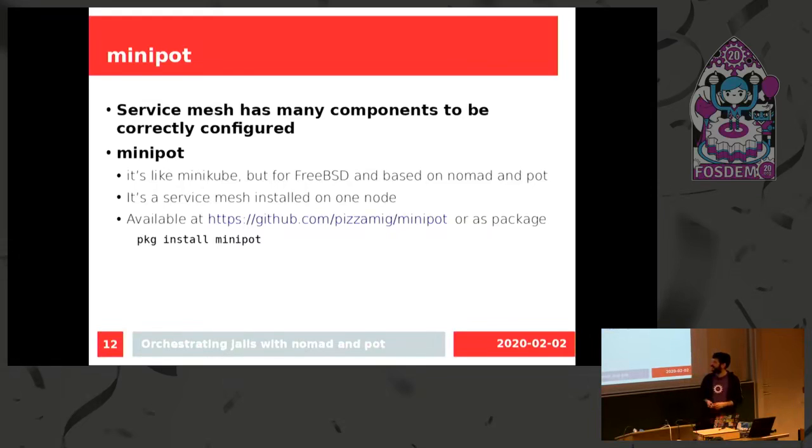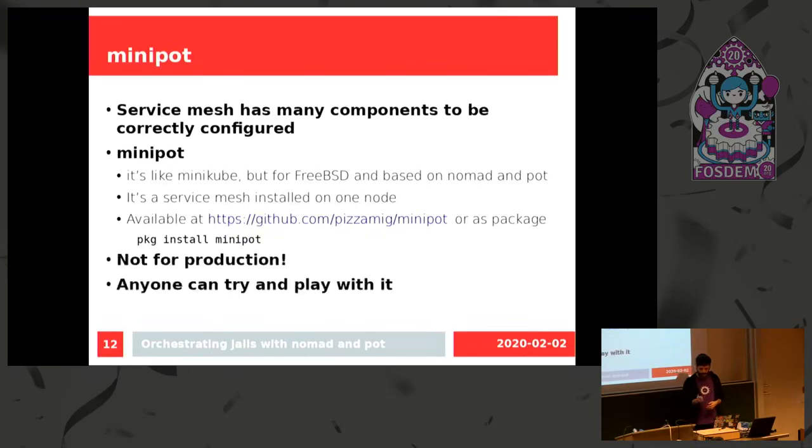So there it is. Minipod is basically a service mesh. What I described before, all these Consul, Nomad, Traefik components, everything, running on a single node. You can install Minipod as a package. There is one script that will change some configuration files on your machine, and then you can start it, and you have the same environment on your machine.